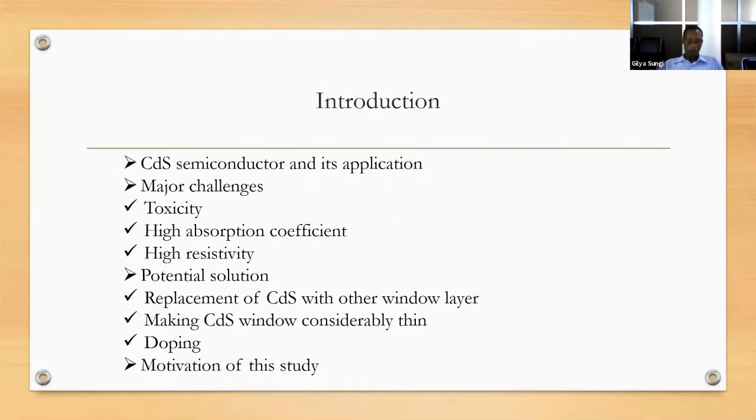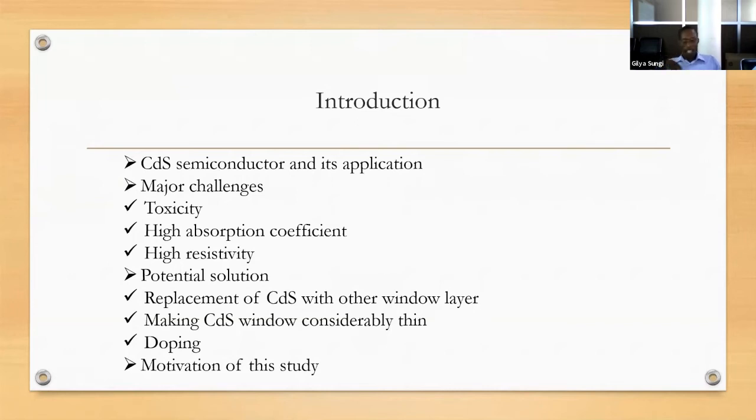That group of 3 elements includes aluminium, indium, boron, and gallium. Several studies have been done on the other elements, but few studies have been conducted on gallium, and gallium shows promise that when it is doped into cadmium sulfide, it widens the band gap and can also reduce the absorption.